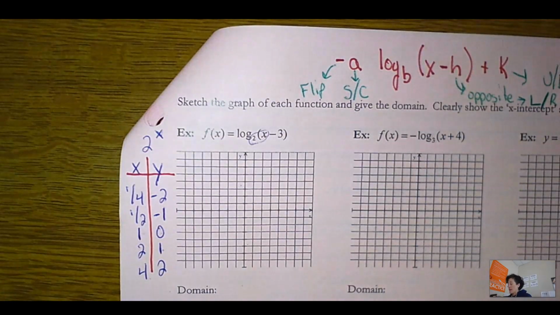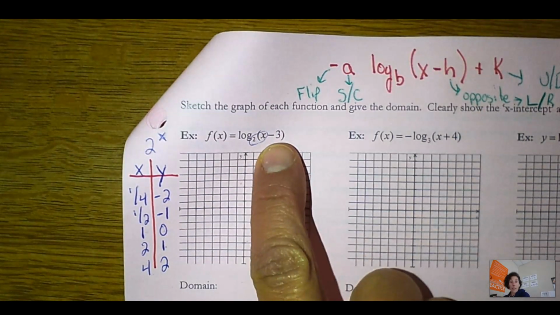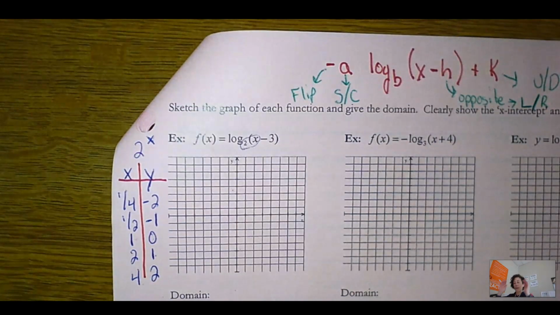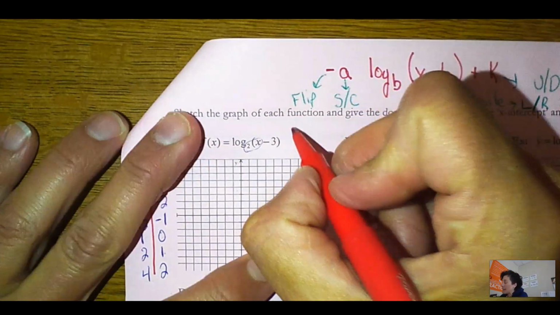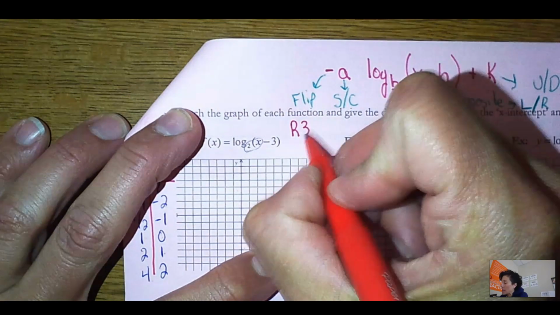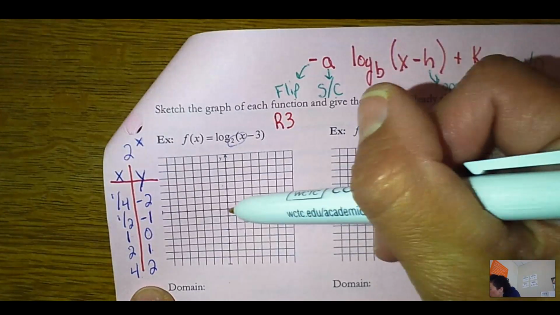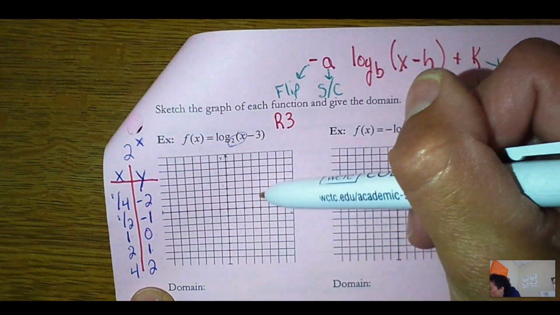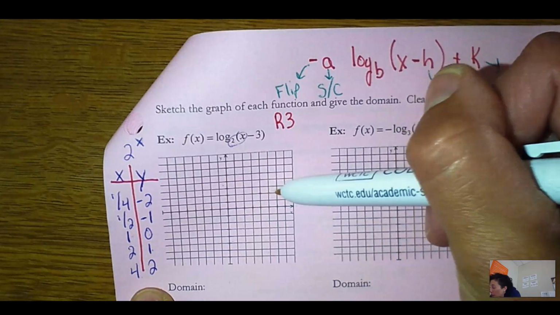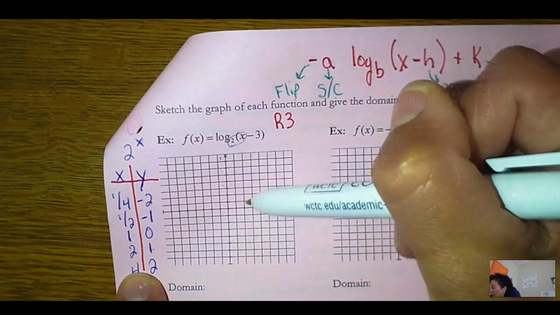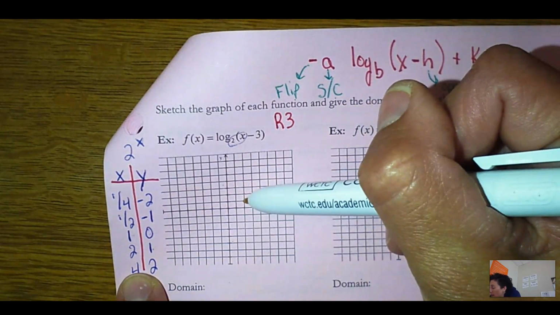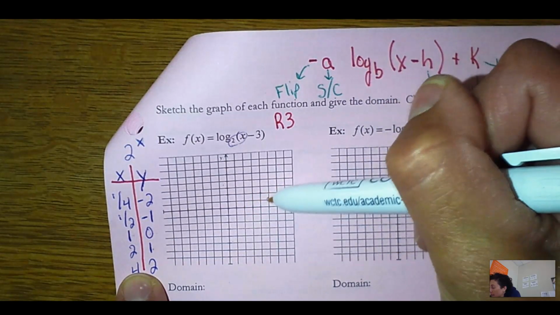So another couple things, let's get the others now. This minus 3, that's in our house, so I'm going to take the opposite, and that's going to tell me to move my points right 3. So let's start getting these points on there and moving them. I'm going to start with 0, 0, so 1, 2, 3, here's 4, 2, and I'm going to move it right 3. And then here's 2, 1, and it's going to go right 3.